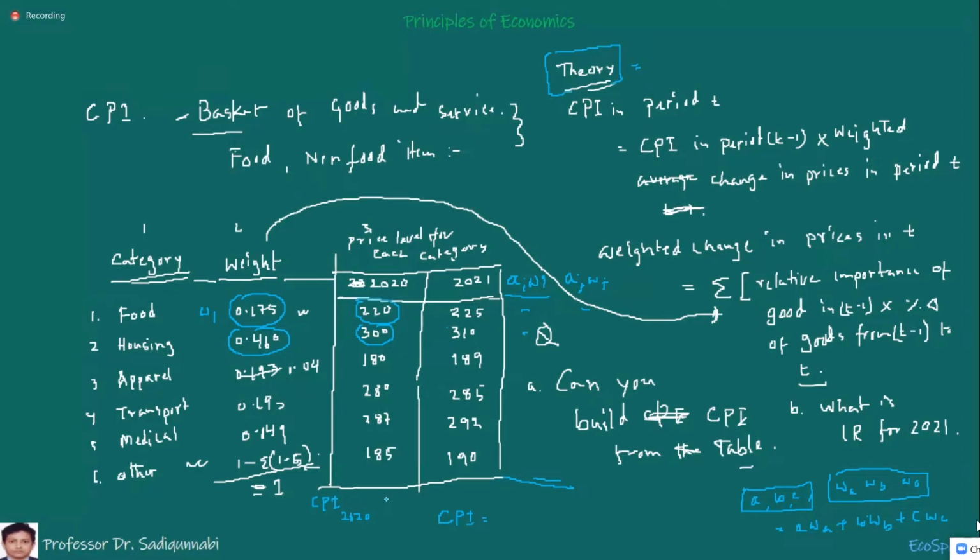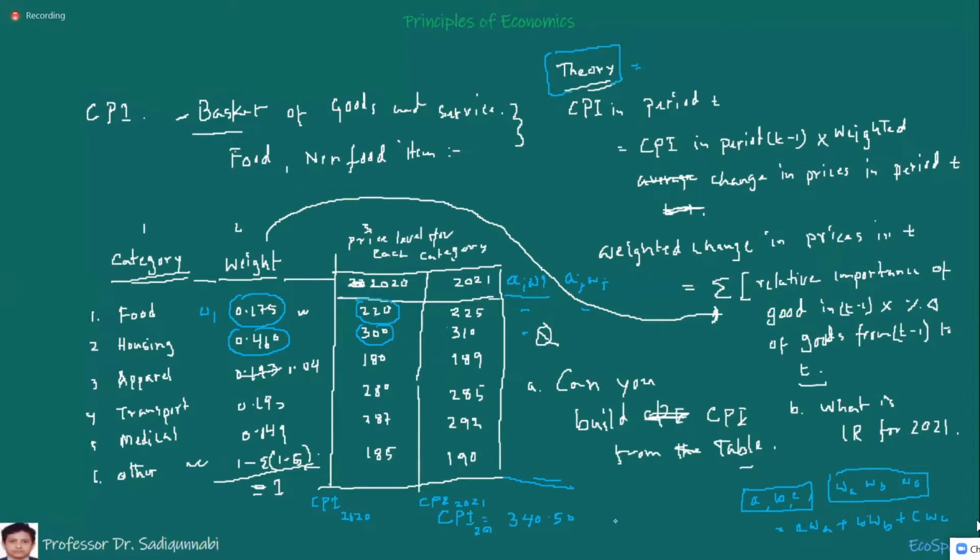Now, in the same way, you can also build CPI 2021. I'm not going to calculate this, but if you calculate, you may find some value. Let us say that CPI 2020 is 340.5, not exactly, but suppose.